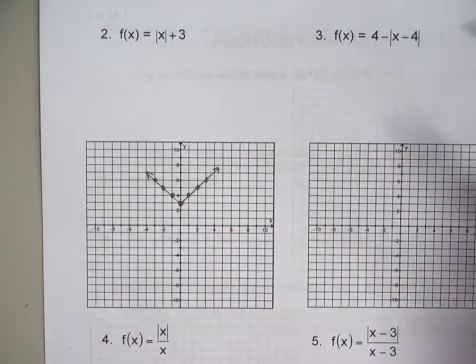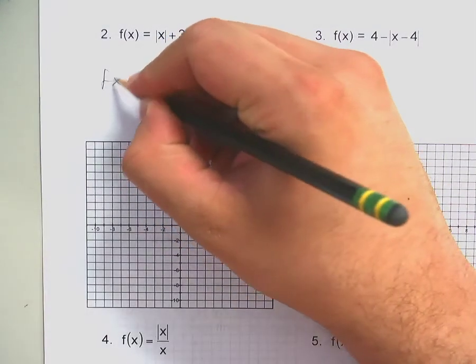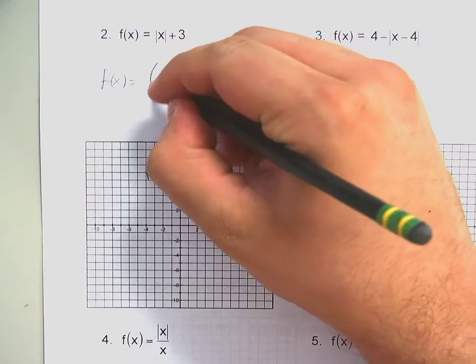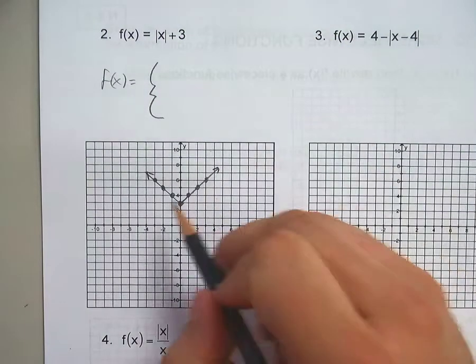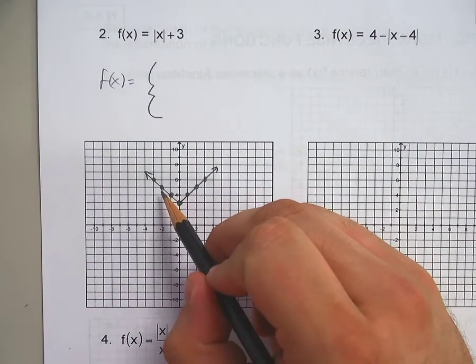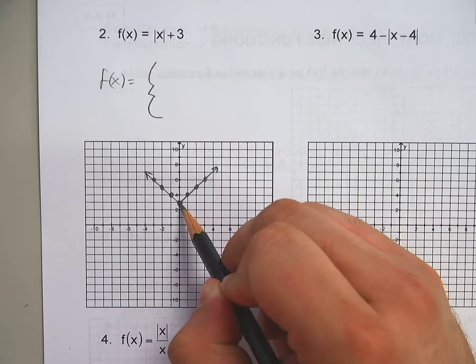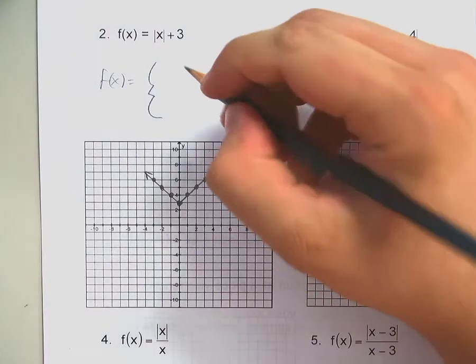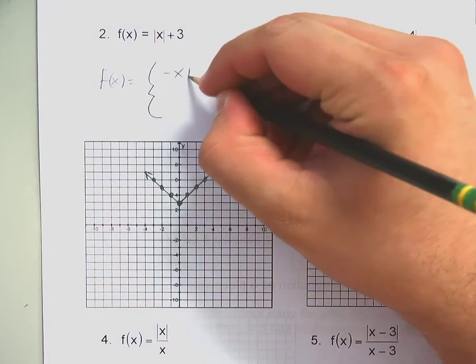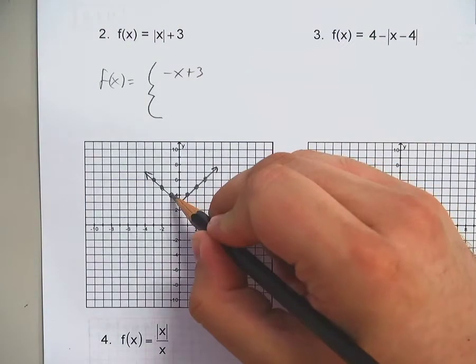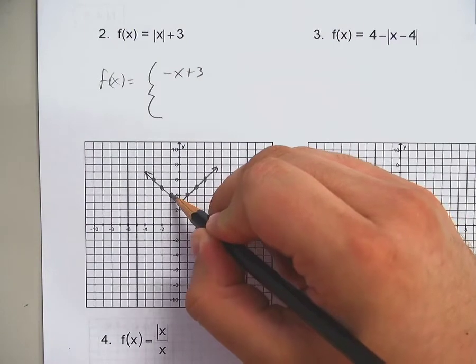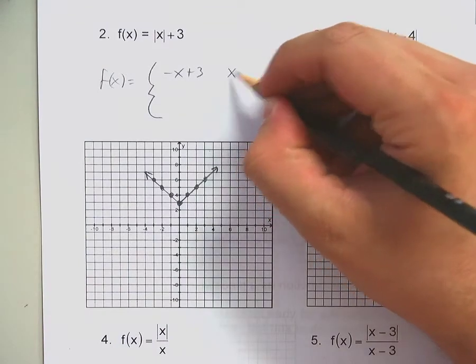And then just rewriting that. f of x is going to be, the left-hand side comes first. So this is a slope of negative 1 and a y-intercept of 3. So negative x plus 3 gives me this line right here. And that's where x is less than 0.